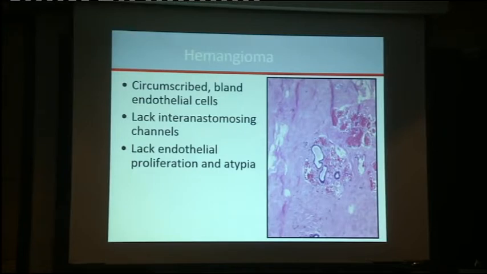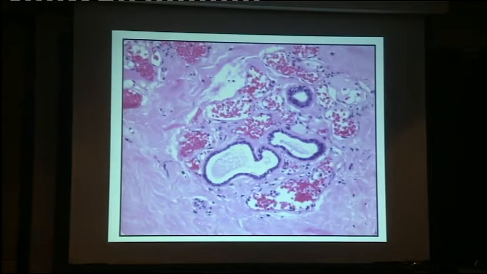Hemangiomas, most of the time, are an incidental finding. They do not form a mass. Very rarely, they are biopsied, predominantly for MRI abnormalities. These lesions are easy to recognize and they lack endothelial proliferation or atypia, but as I indicated before, the most important thing is lack of anastomosing channels.